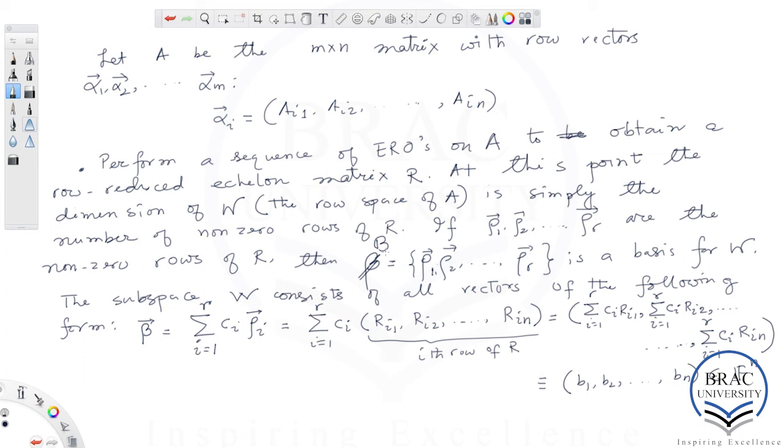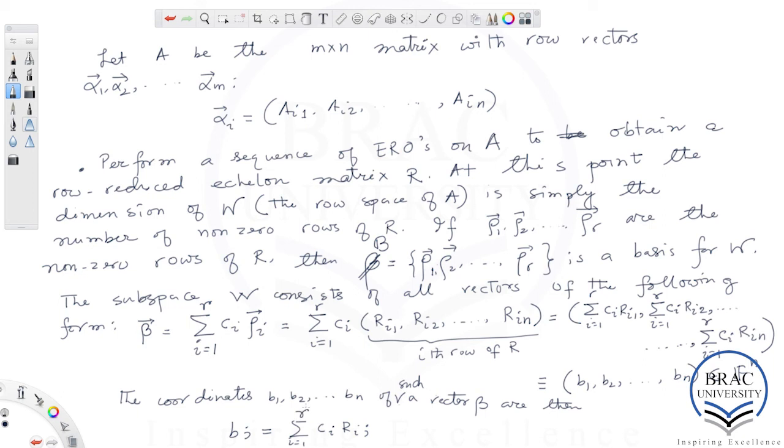Now the coordinates b1, b2, all the way up to bn of such a vector beta are given by bj equal to the sum over all such expressions like Ci Rij, where i runs from 1 to r.